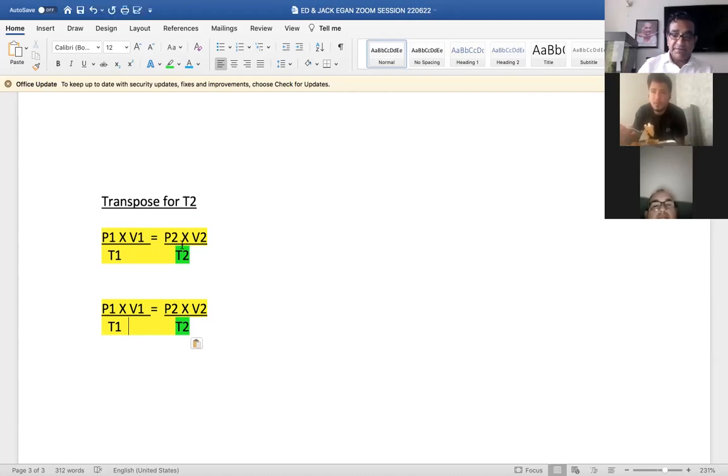So I'm just going to times P2 times V2. I'll just move that across there. So that gets rid of that. But that line is still there. So how am I going to get that? Okay, let me just go backwards.